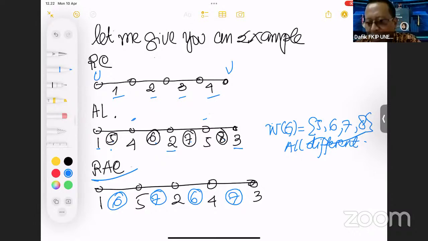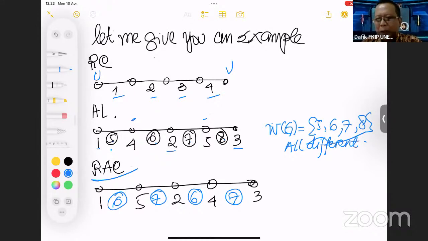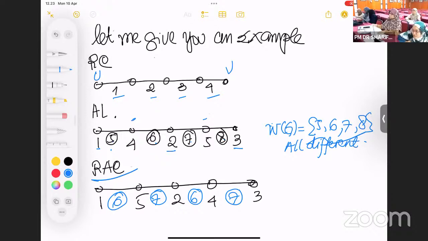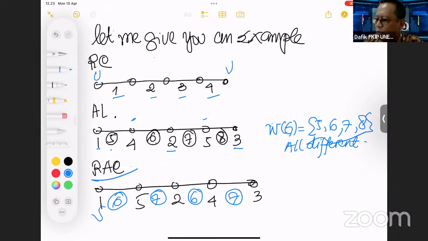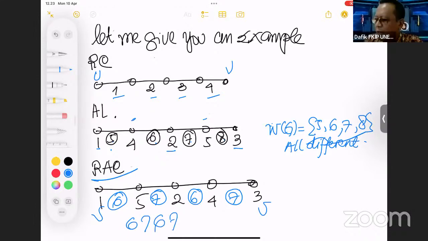No, it's not satisfied, because if you want to go from this one here, UV, and then you have 6, 7, 6, 7.